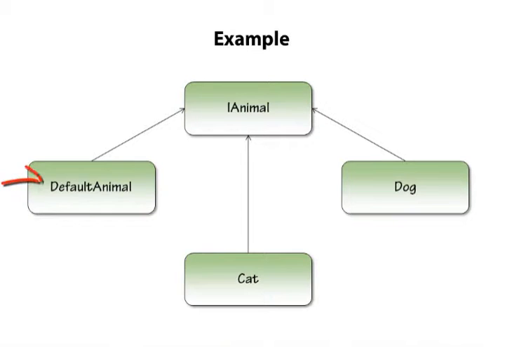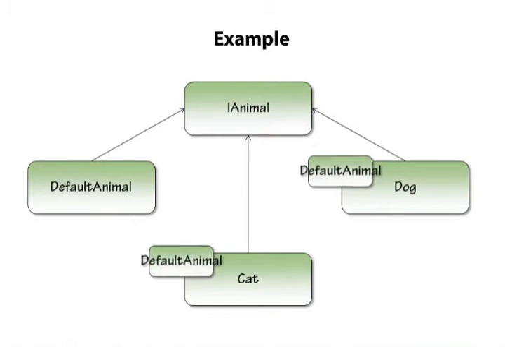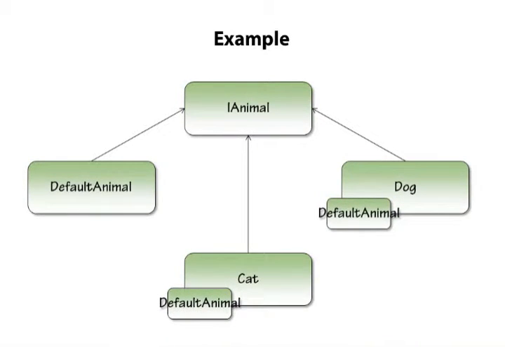We could have a default animal, which doesn't really model the real world. There's not like a default animal, but we could use that to put all of our default behavior inside there. Then we could actually have dog and cat be composed of default animals.